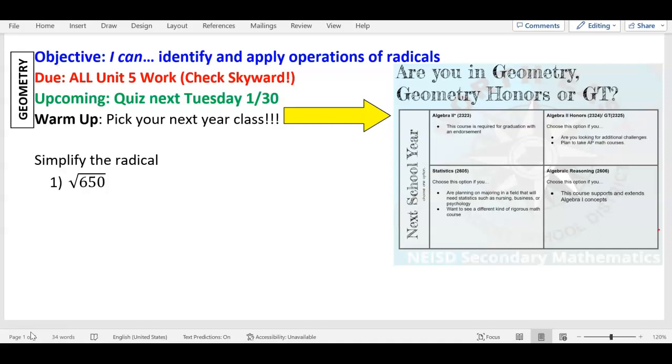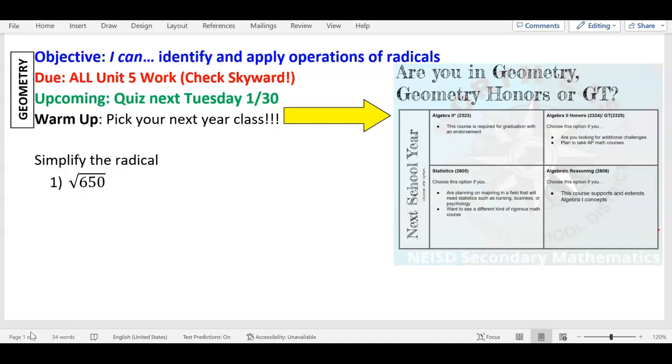And then let's simplify this radical. All right, 650. When we reduce a radical, what do we always start trying by? 2.